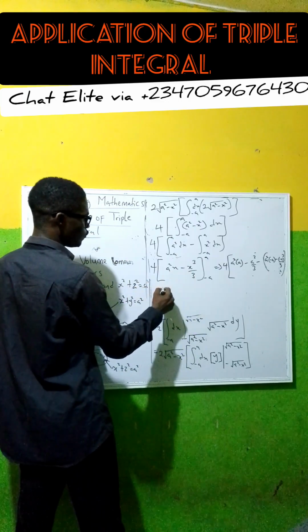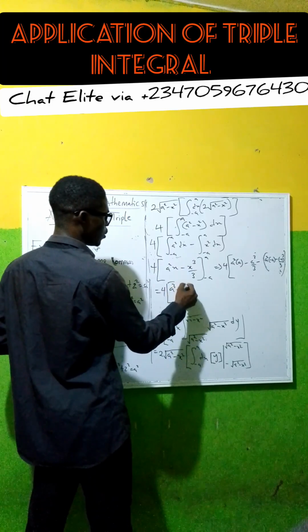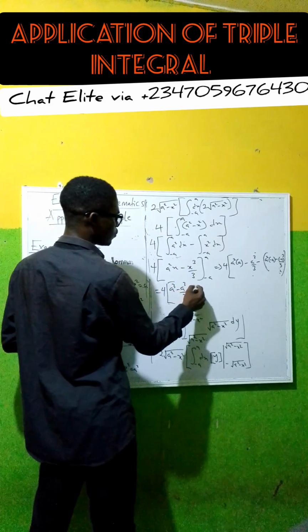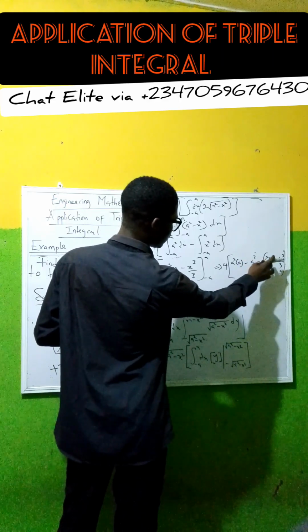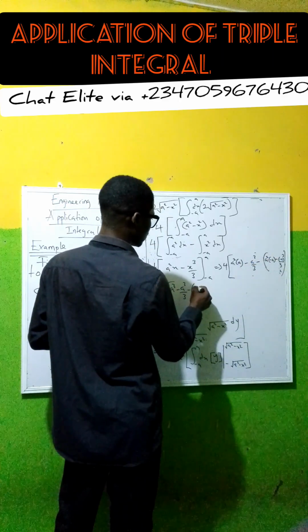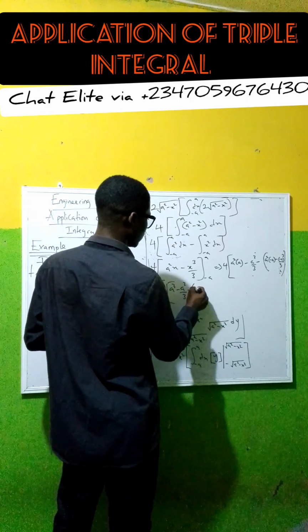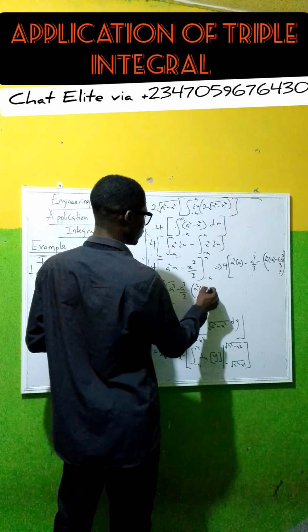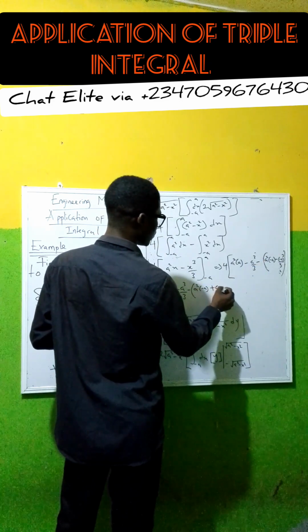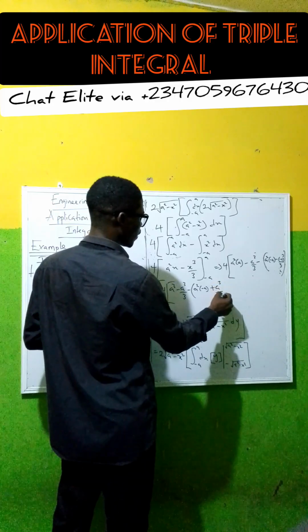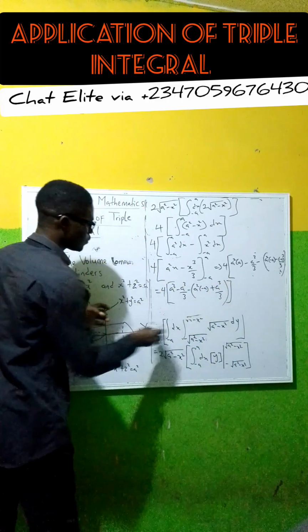We're going to be having 4 into a cube minus a cube over 3, minus into bracket. This one is, okay, let's do it this way, a squared into minus a, and this one is minus, so that becomes plus a cube over 3. All right, no stress about that.